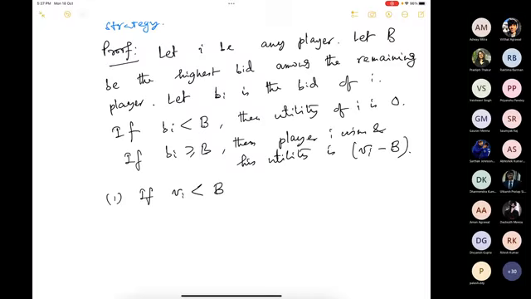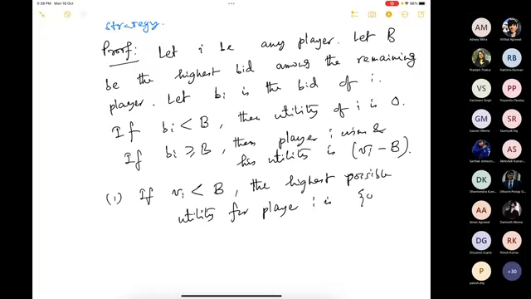No. In this case, the highest possible utility for player i is what? If it wins, then its utility is Vi minus B, which is negative.